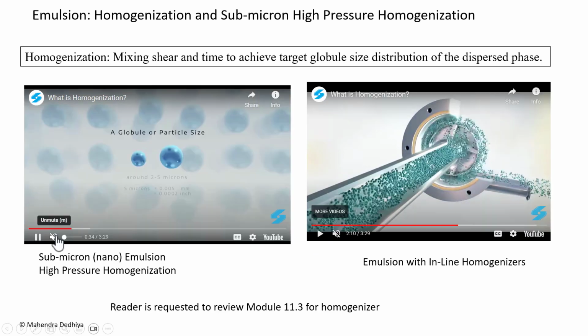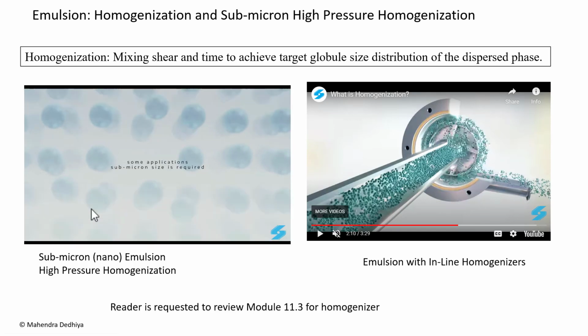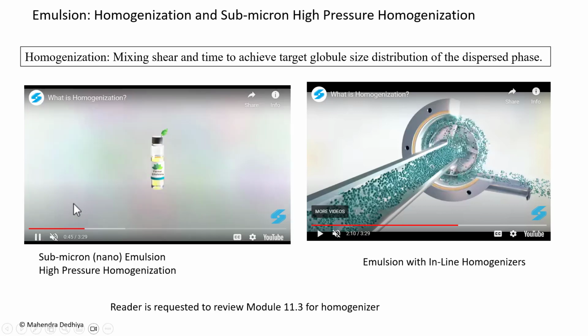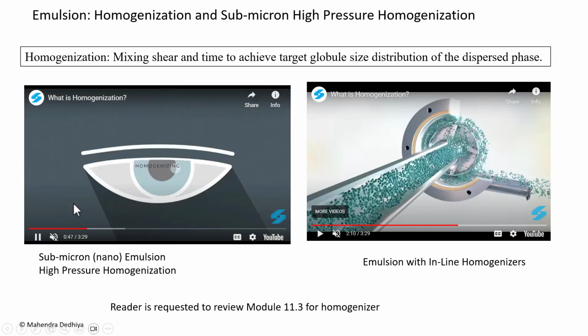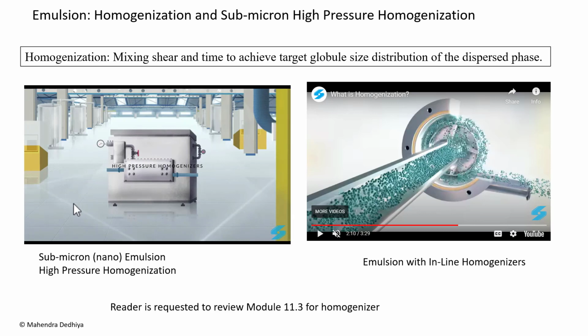In some cases, we need submicron size, such as nanoemulsions, and it requires high pressure homogenizers.